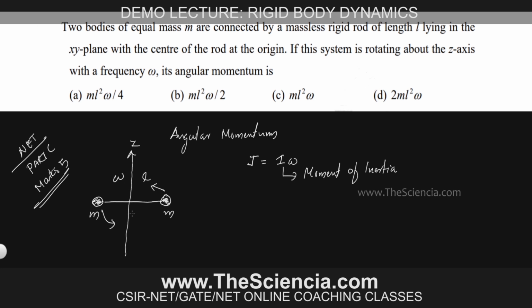Okay, so we know J is equal to I omega. Then what is the moment of inertia I? We know I is equal to summation over i of mi ri square. This is the first definition I told you, for a discrete system or particle system.